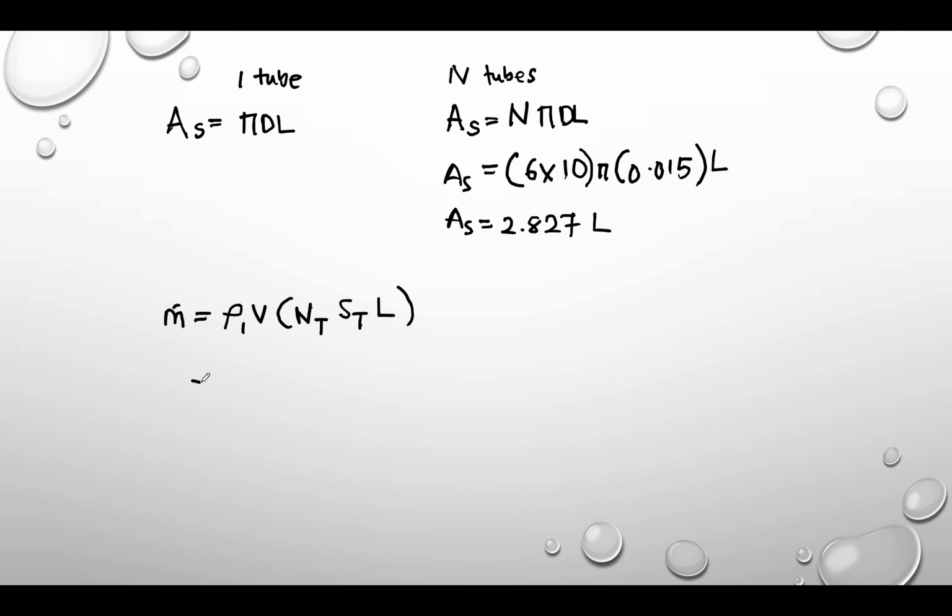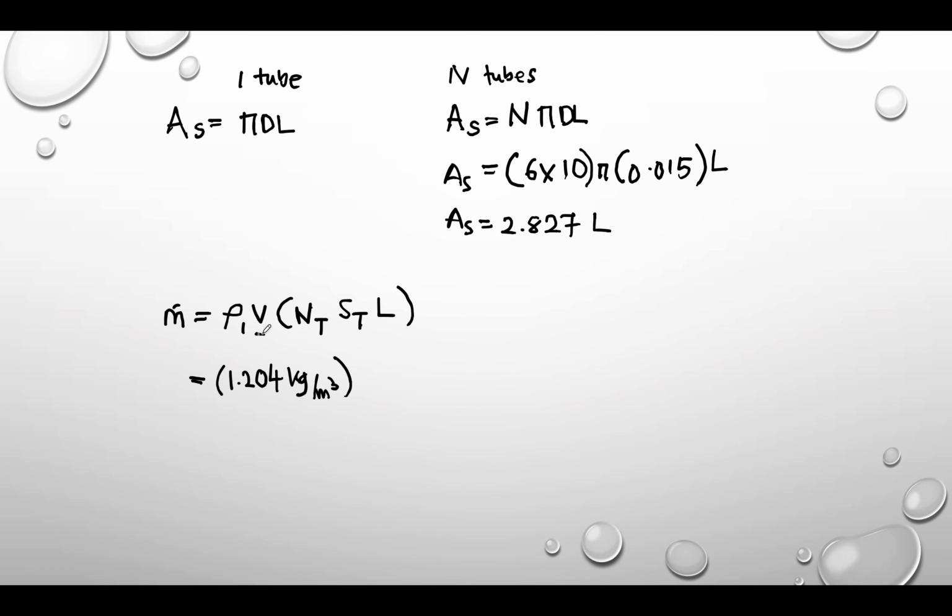So here we have our row 1. Row 1 is the properties, the density of air at inlet, which is at 20 degrees Celsius. So this is 1.204 kilogram per meter cubic.